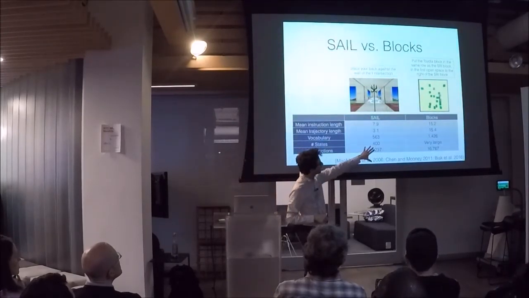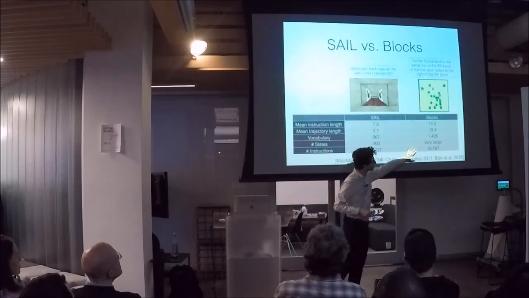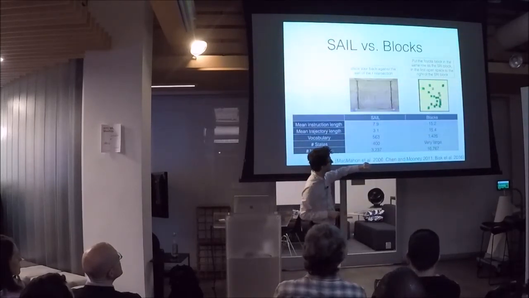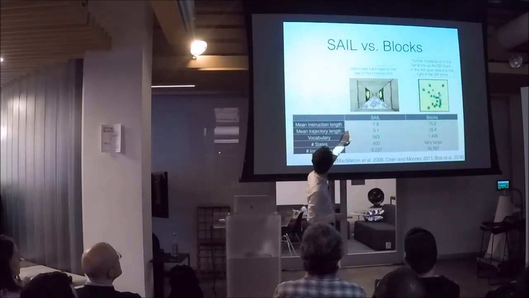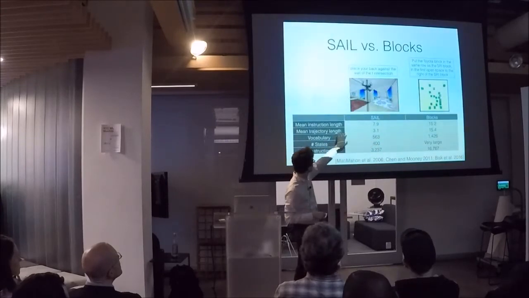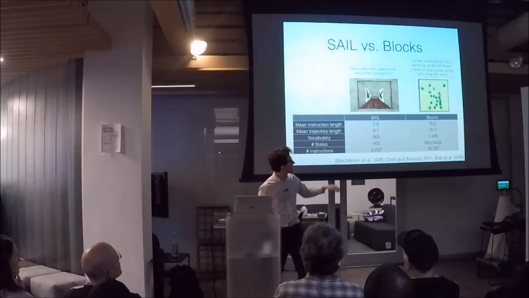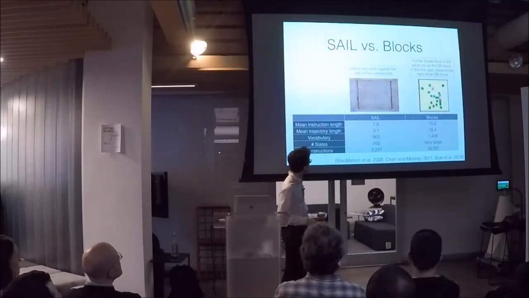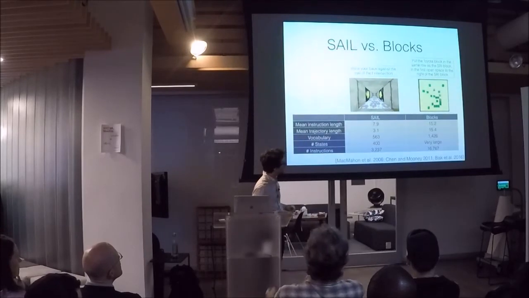The blocks environment that we are going to look at is in most senses significantly more difficult. The instructions are twice the length. The trajectories, the number of steps we have to do to complete a task, are 5 times the length. The vocabulary is 3 times the size.